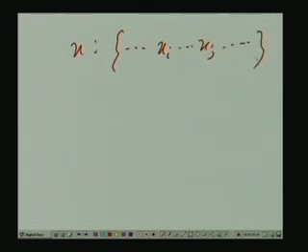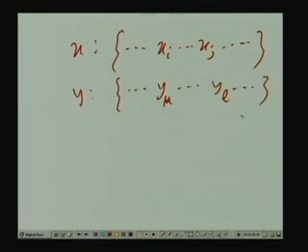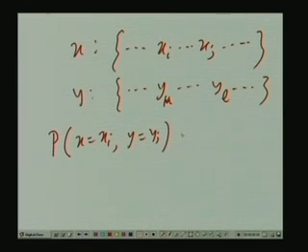It could be a finite set, it could be an infinite set. Similarly, Yk, Yl, and like that. In that case, the joint probability that x takes the value xi, y takes the value yj is denoted by Pij.